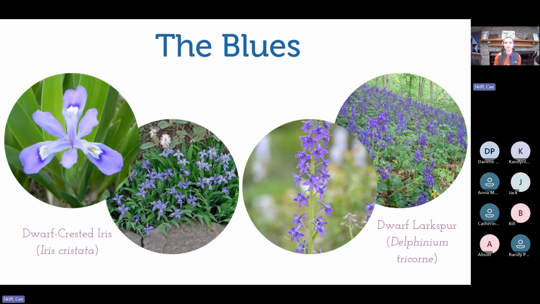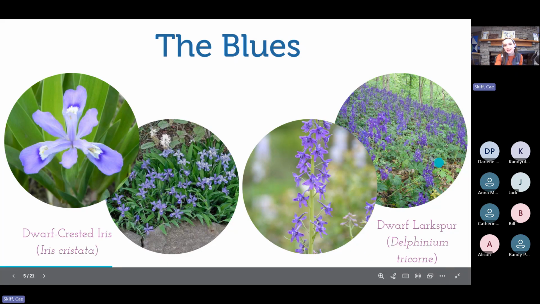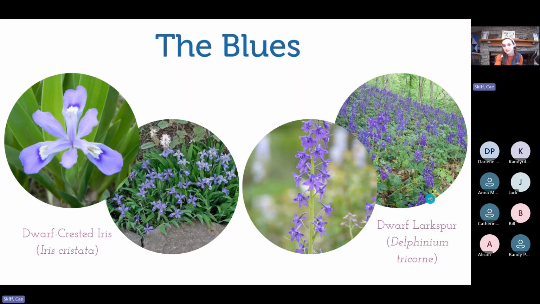Usually you'll find them with a bunch of other ephemerals. They're social. They like to be in a group. In this picture, it is mostly dwarf larkspur, but there's a couple of other flowers you can see at the bottom there. They don't usually monoculture like that.